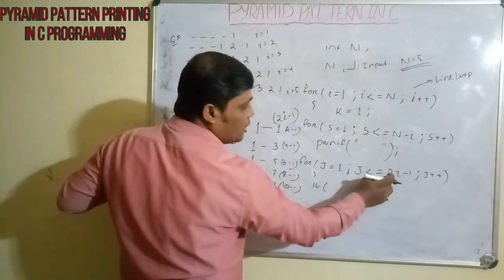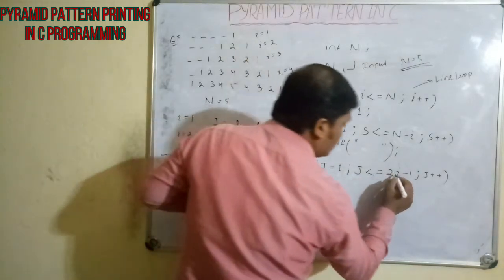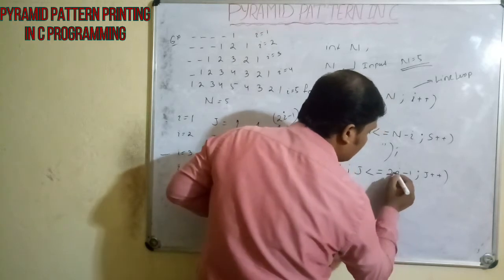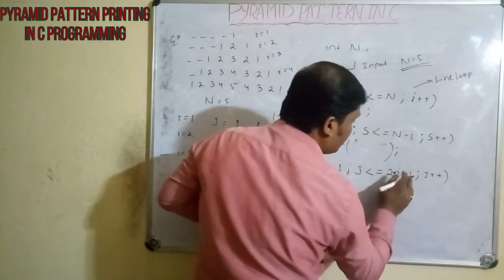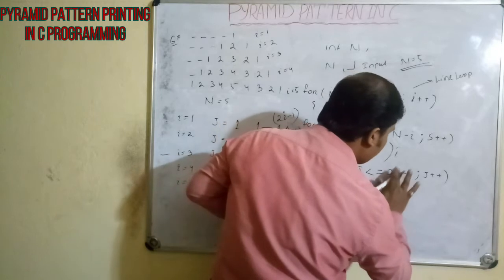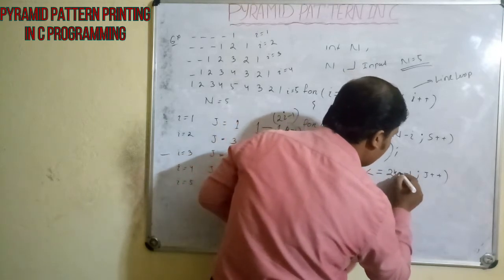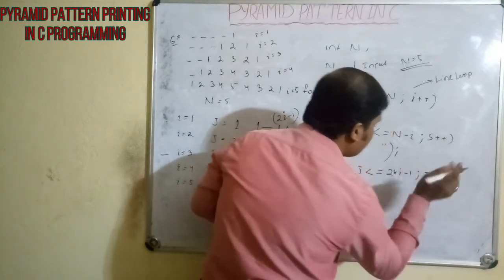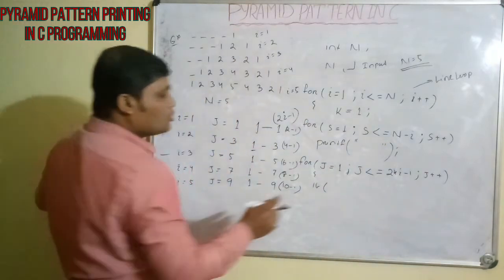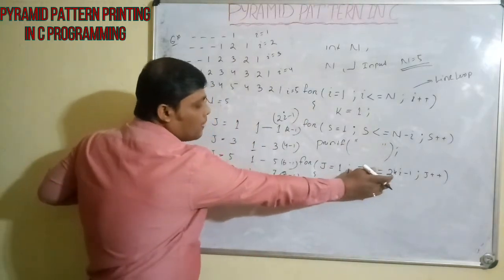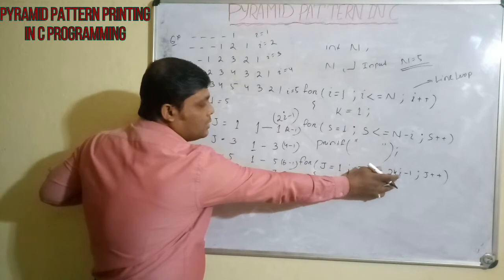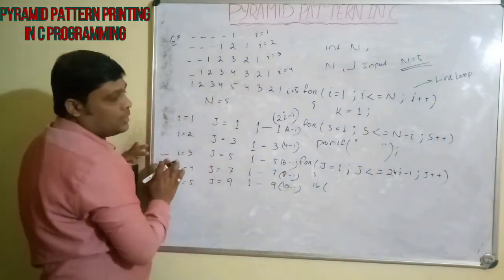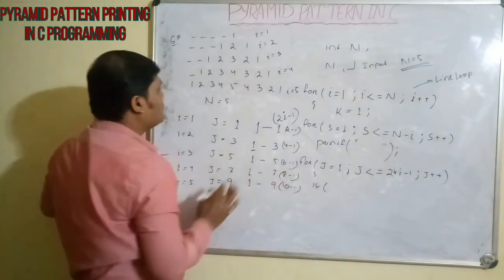Because i value is 3, 2 into i, 2 star i minus 1, is nothing but 2 into 3 minus 1. This is 5 when i value is 3. It will continue 5 times.